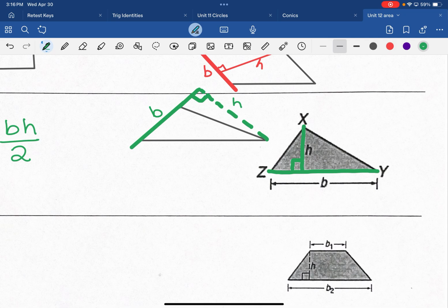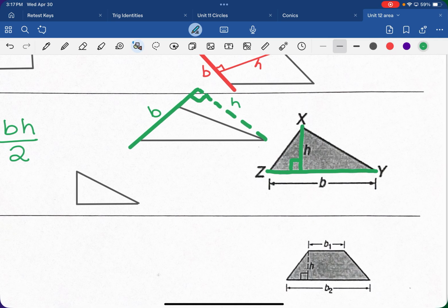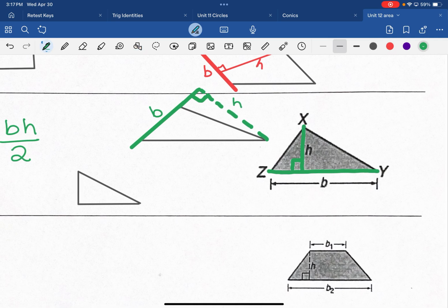Now, with right triangles, that's kind of like your square and rectangle, where if you have a right triangle, it's built into the side. So if I have a triangle, a side right there, a side right here, any side that makes the 90-degree angle is going to be your base and your height. So right here, this is the base.